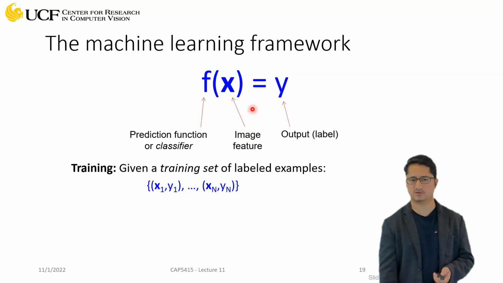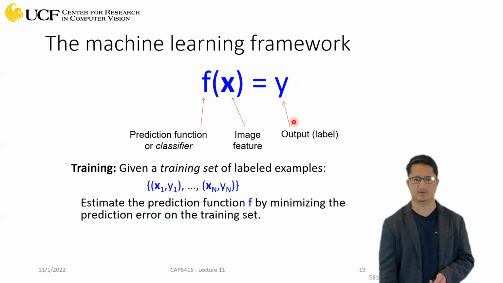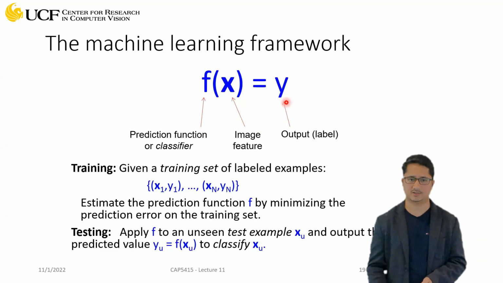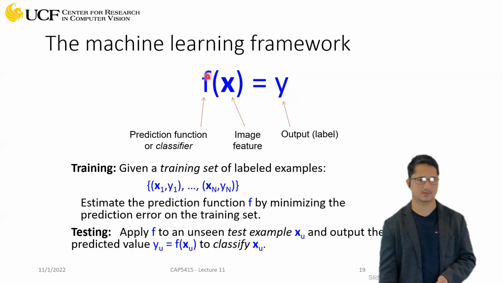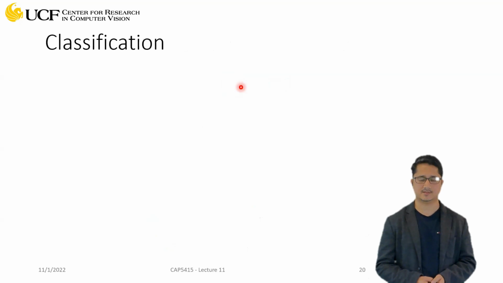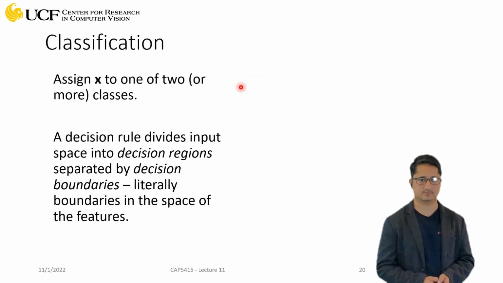You'll have image features or the image itself, and y will be your output label. Depending upon which method you're using, this overall framework is never going to change. It still remains the same for whatever approach you use.